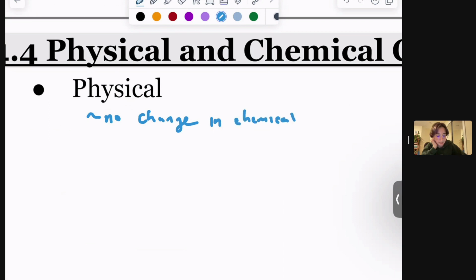It should be the same substance, but maybe the substance has different physical properties. Maybe it's spread out a different way, maybe it behaves slightly differently, but it should be the same substance, even after the process. Generally, these are reversible.